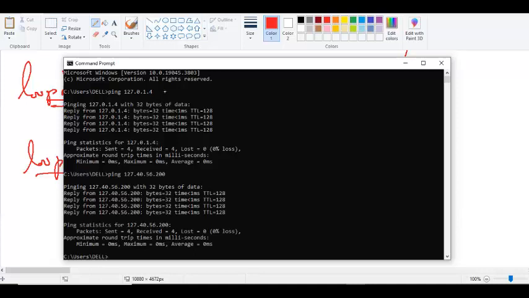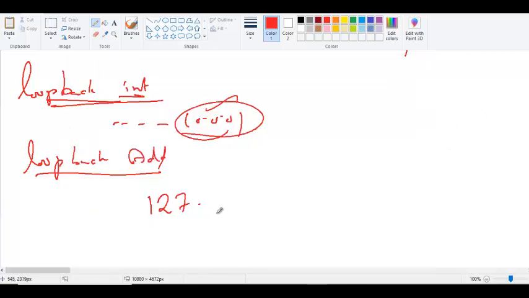Why should they have something like this? You see, the entire 127, we saw there are 16 million addresses that can be derived from one class A address. With this 127, I can have 16 million IP addresses.